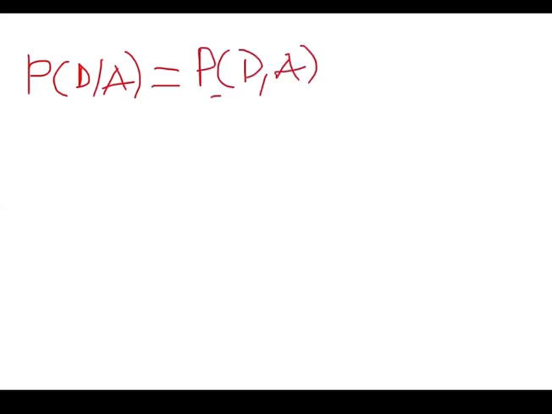Like I said, we want to find the probability of D given A, and that's going to be the probability of the joint divided by the probability of A. Now we take a look at the numerator.